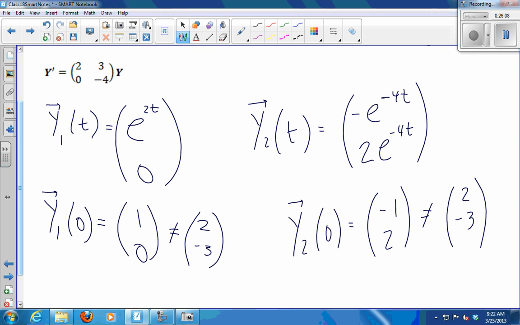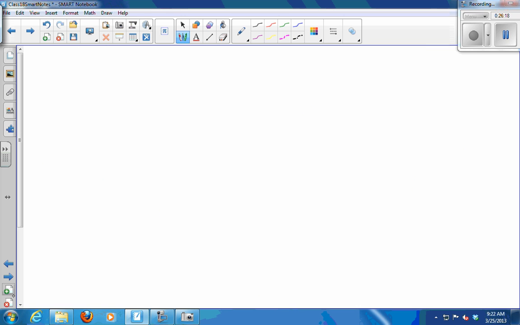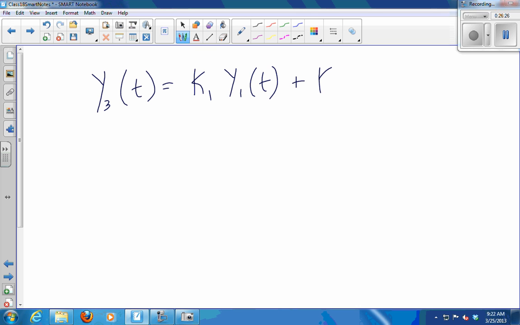But I know I can generate more solutions by taking linear combinations of the two that I know. So I know that I can take some other y3 to be k1 times y1 plus k2 times y2.